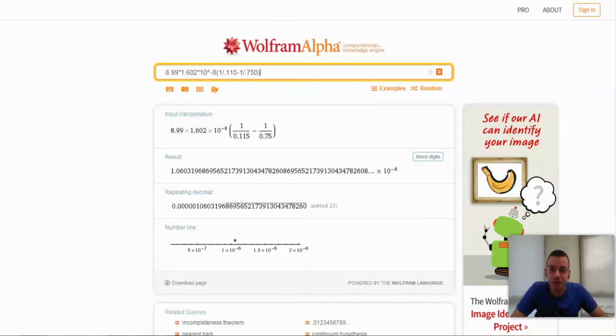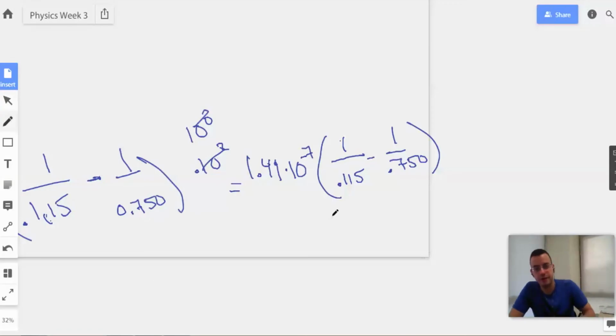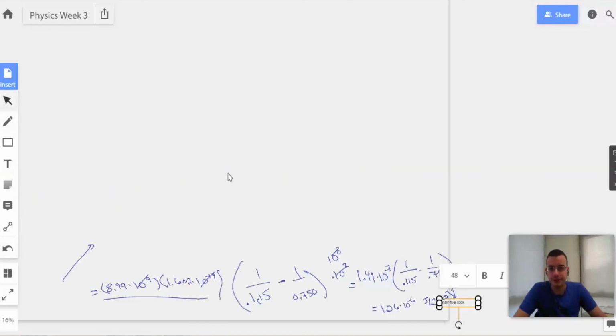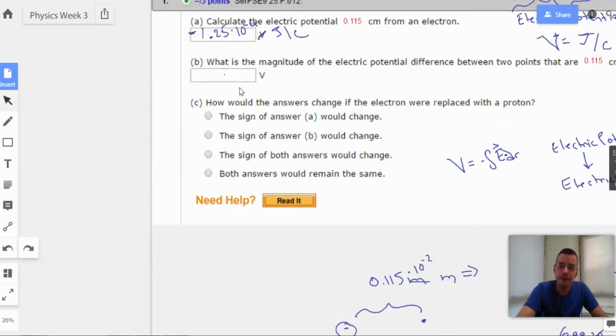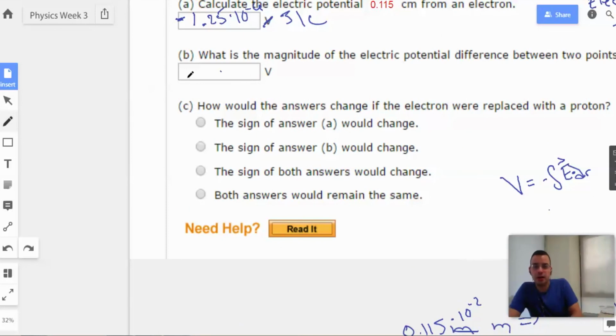And you get 1.06 times 10 to the negative 6, and this would be joules per coulomb, or more commonly known as volts. Alright, so 1.06 times 10 to the negative 6 volts, or joules per coulomb as I like to say.